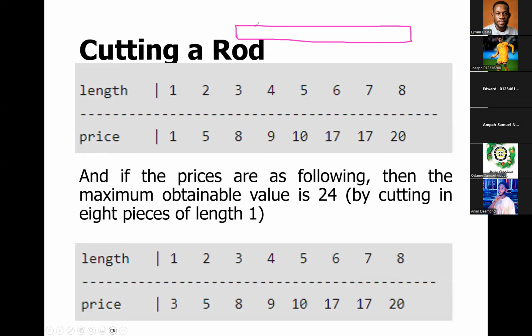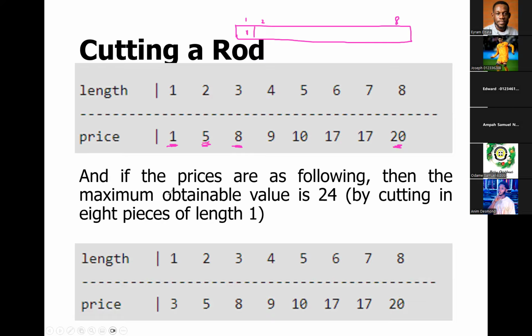If you have a length of 1, it is maybe 1 Ghana cedi. A length of 2 is 5 Ghana cedis. A length of 3 is 8 Ghana cedis. A length of 8 is 20 cedis.